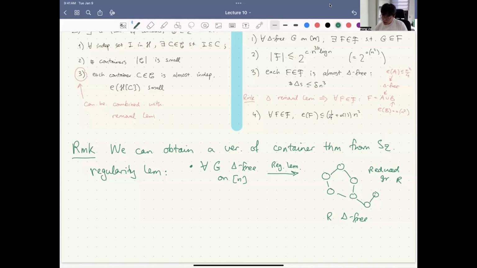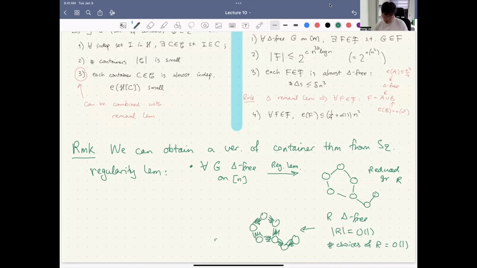So what's the size of the reduced graph? The size of the reduced graph is constant. It only depends on this epsilon precision. And so that means the number of choices for R is also constant. For every such R, you blow it up into a container. You choose a partition of the vertices of G, you take its complete blow-up.